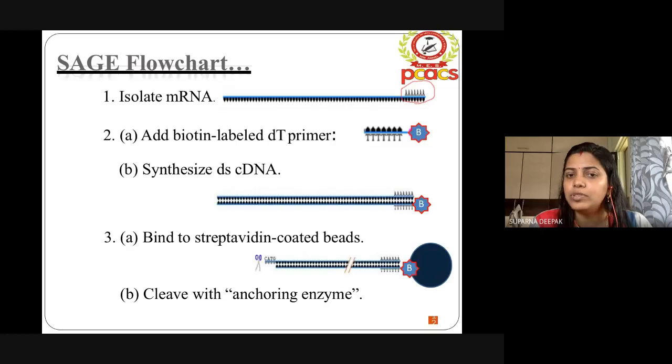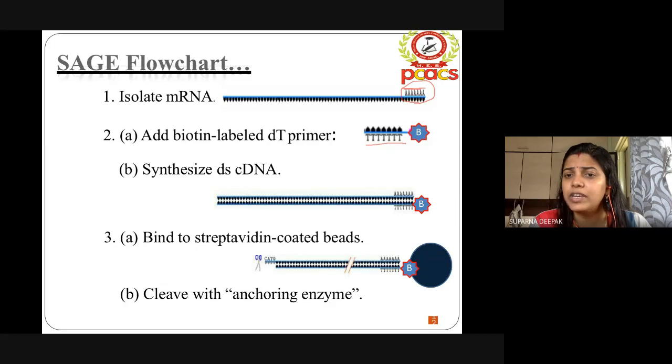So when I am using a dT primer, what will happen? It is made up of poly T, right? That poly T will go and bind to this poly A. When it binds to this poly A, it acts as a primer. This was your single-stranded mRNA.